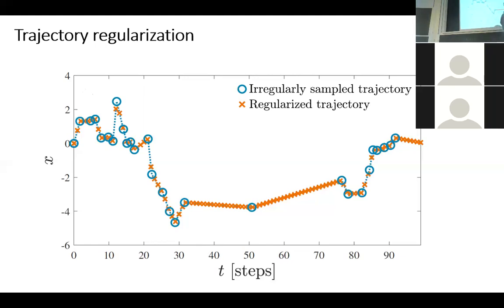Is this clear? So we regularize the trajectory in time. We have the same trajectory, but now we can have a much easier calculation in terms of square displacements or other things in the trajectory. This is just a numerical method, and the description of how to do it in steps is in the lecture notes.